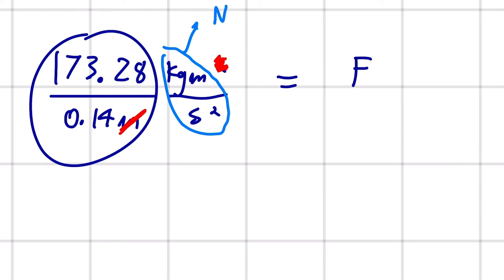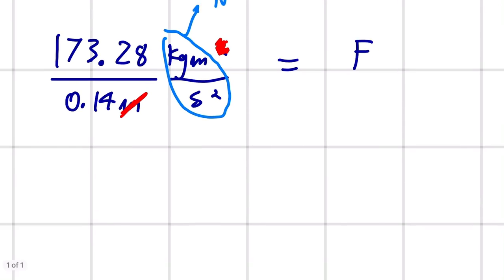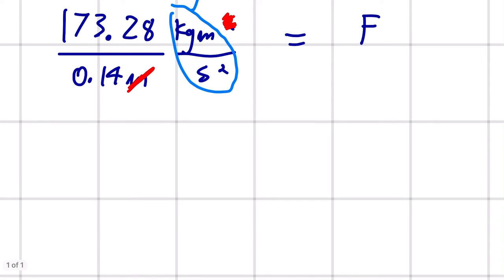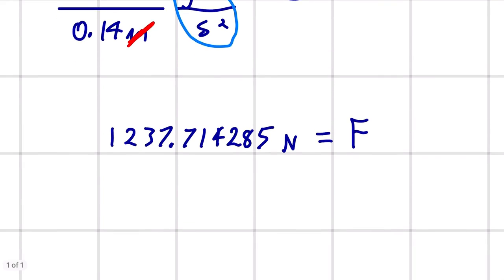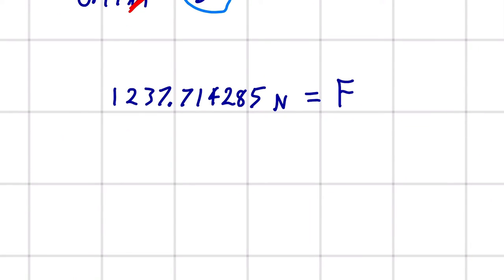So let's plug this into our calculator, and we will get a force of 1,237 and a bunch of decimals. The units are newtons. That is equal to our force. For writing out our final answer, I want to clean this up a little bit.